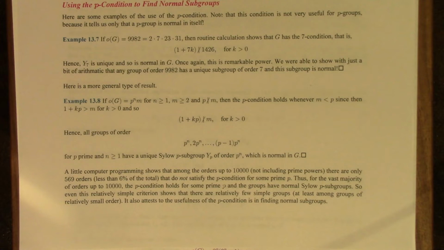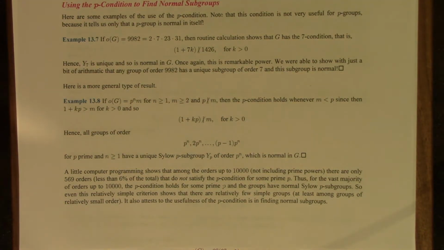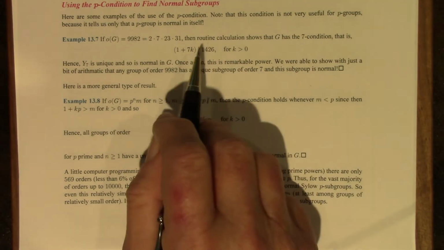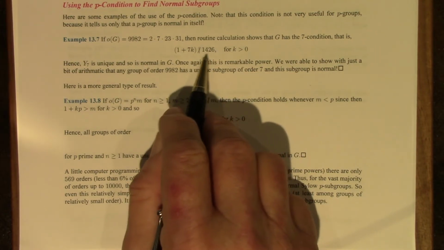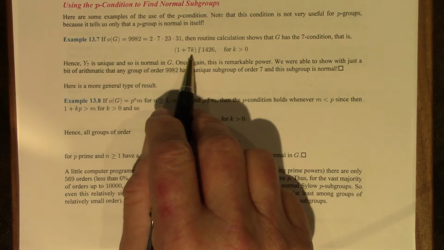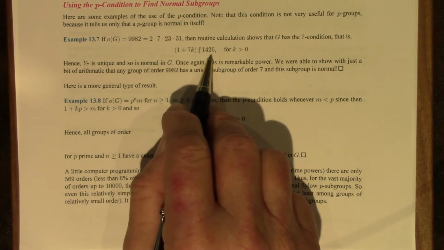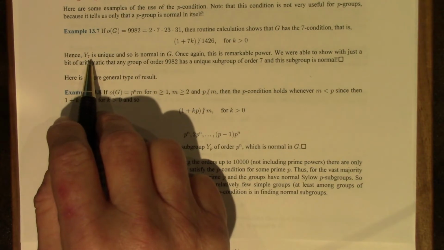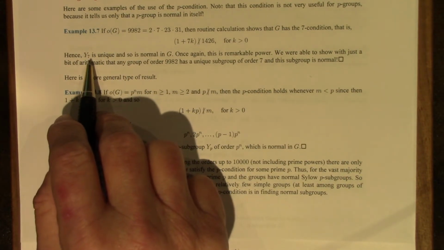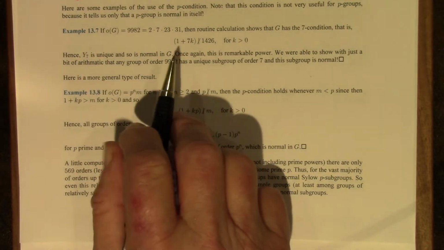And all you have to do is take out Excel, or however you want to do it, to show that no value of k greater than 0 will make 1 plus 7k divide 1426. So Sylow 7 is unique, there's only one Sylow 7 group, and therefore it's normal.